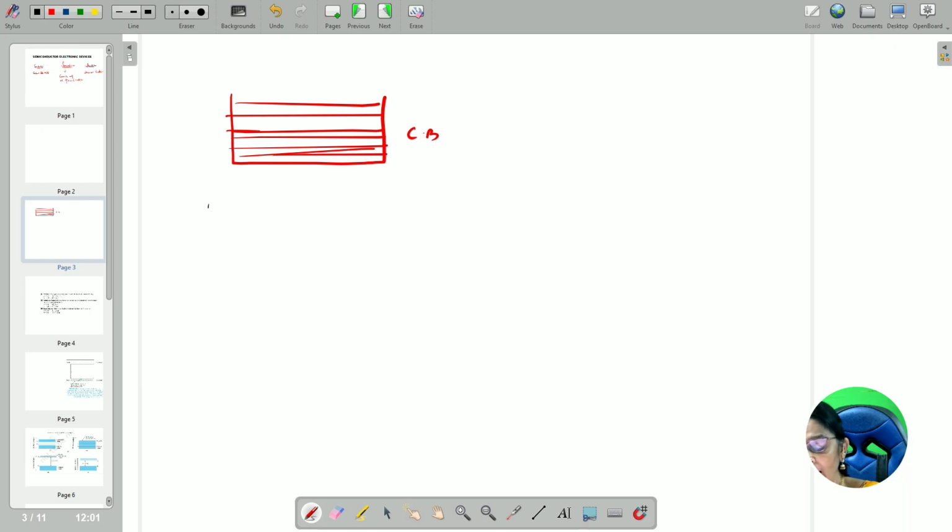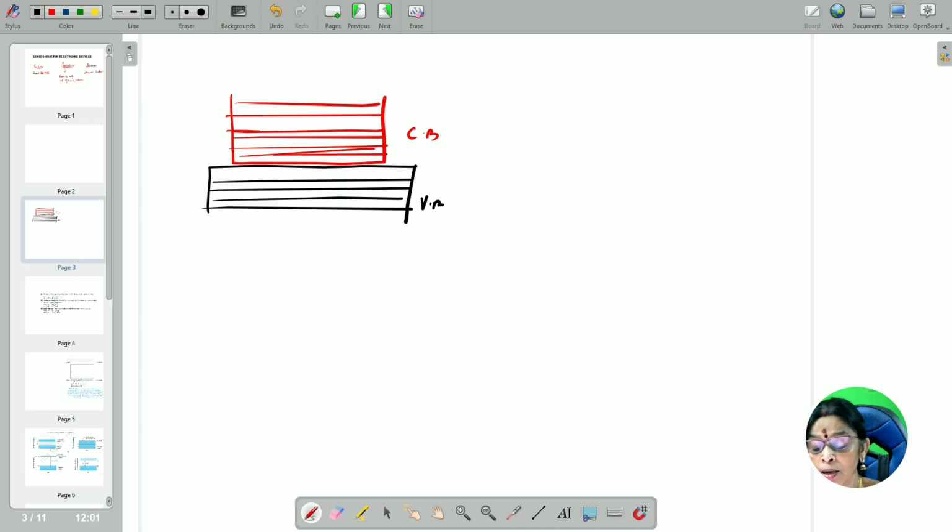If the valence band and the conduction band exactly overlap, the valence shell electrons are there without any external energy, and they easily jump to the conduction band. Hence, conduction is possible.